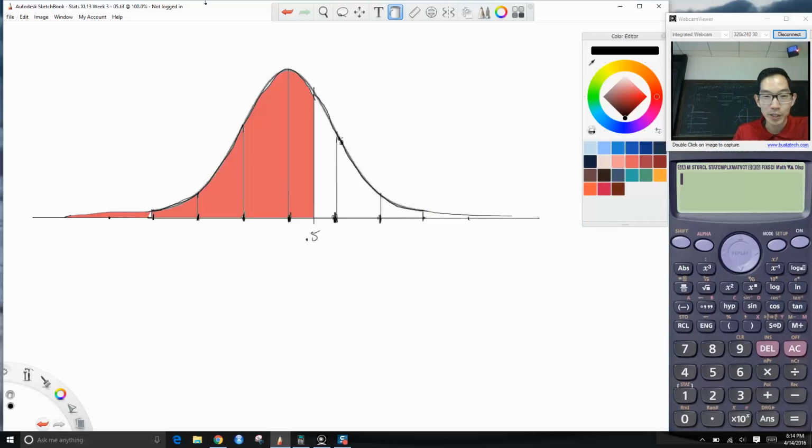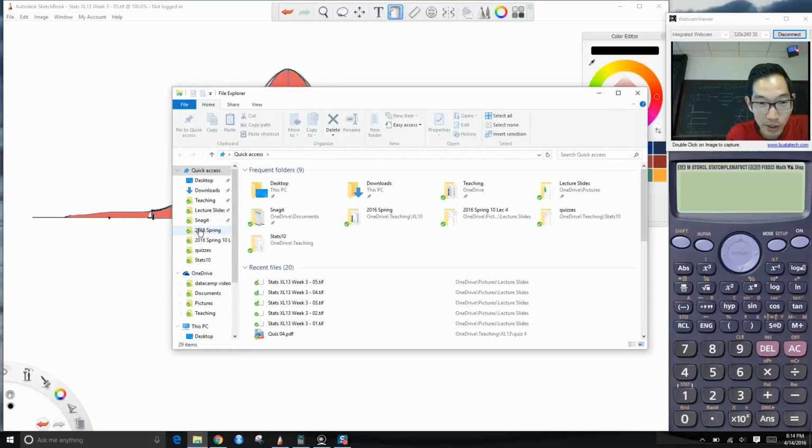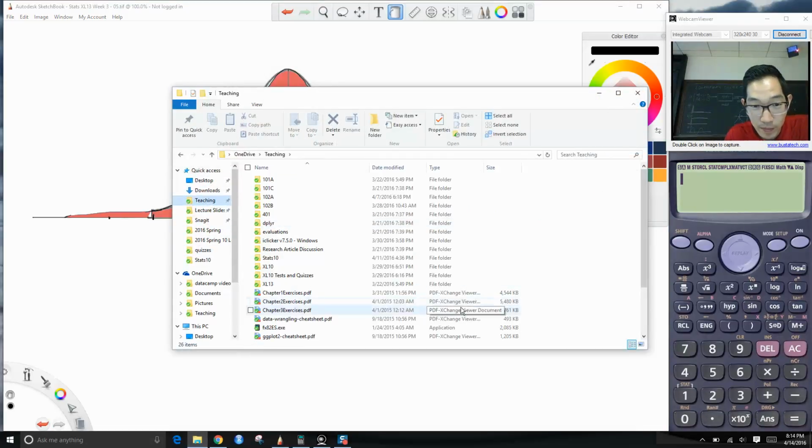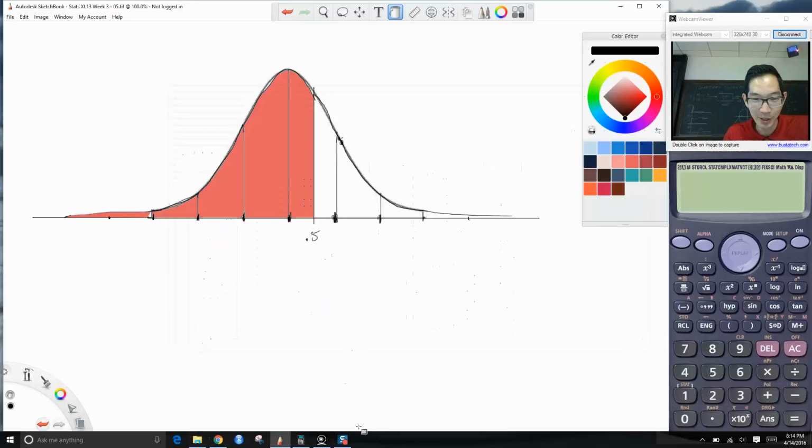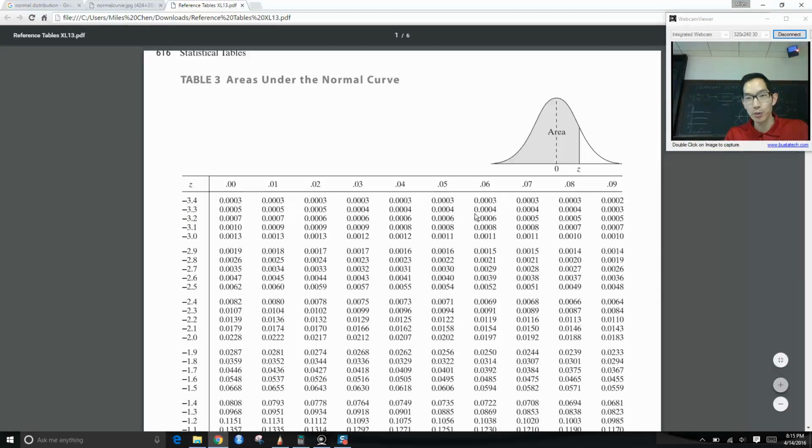Okay, your table. Let me pull up my reference table. Where did it go? Okay, so when you look at your reference tables, it should look something like this.